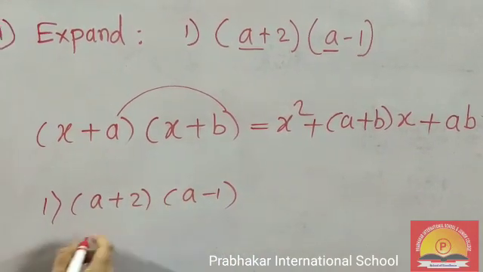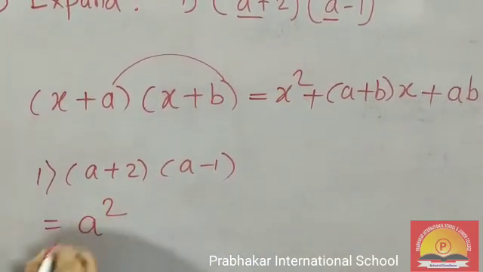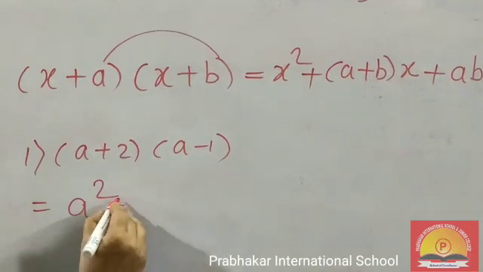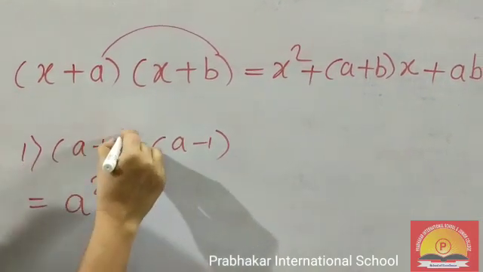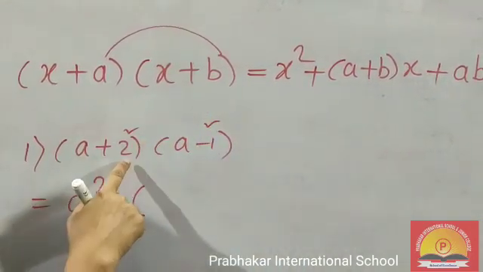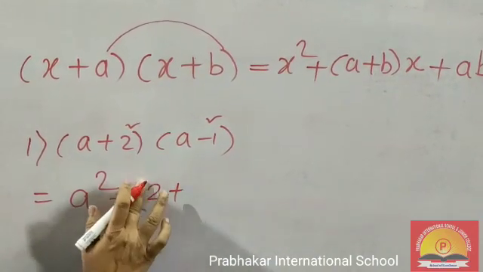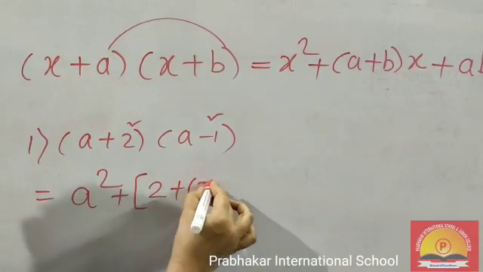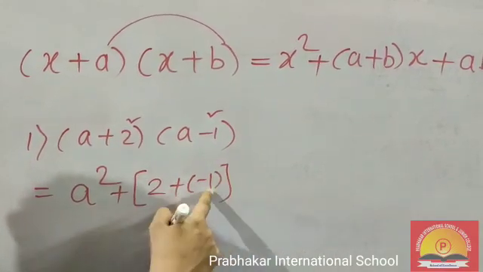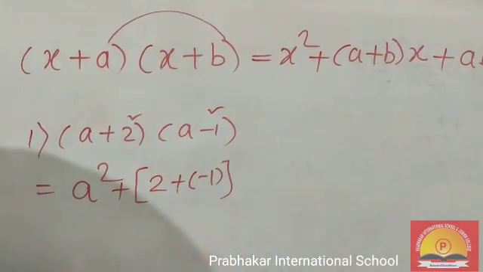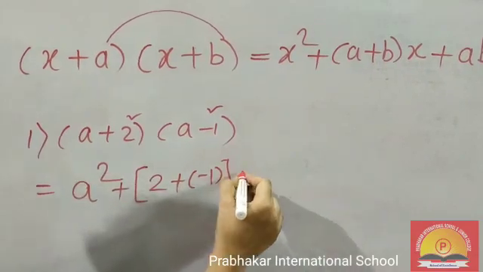Common term is a, so take the square of the common term, that is a square, plus uncommon terms addition we are going to do. So 2 plus minus 1. I will write here 2 plus in bracket minus 1. Why? Because two signs we can't write together, so take it in a small bracket.